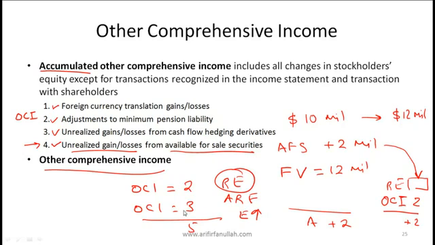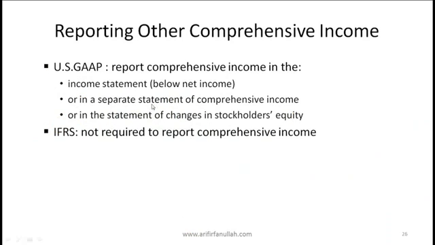Reporting other comprehensive income, according to US GAAP, we report other comprehensive income in the income statement below net income, or in a separate statement of comprehensive income, or in the statement of changes in shareholders' equity, which I will discuss in the next slide.